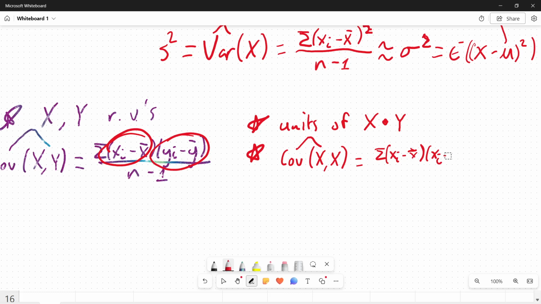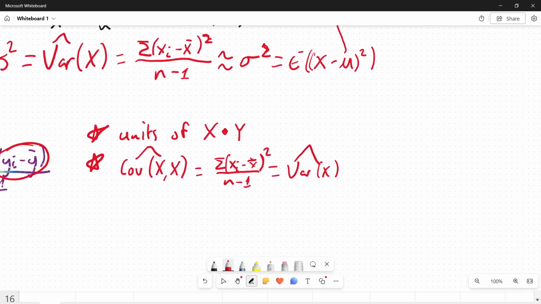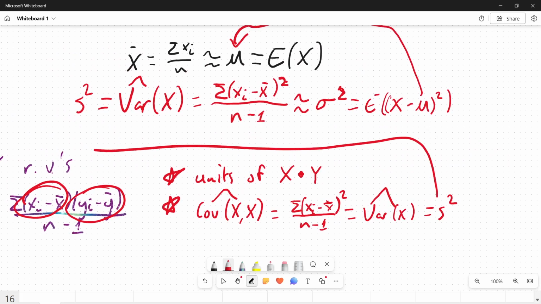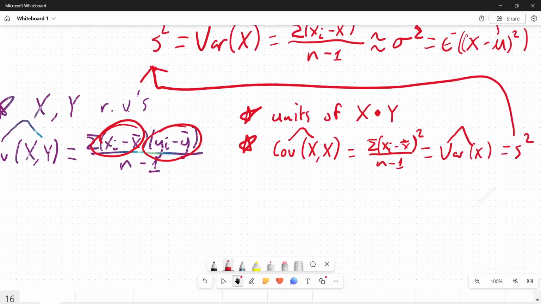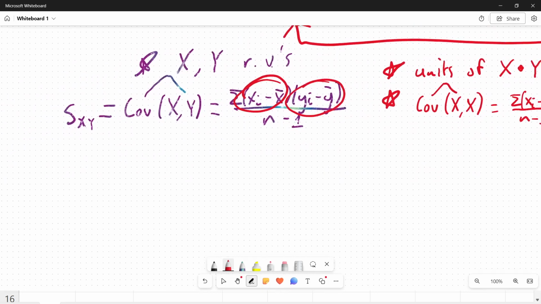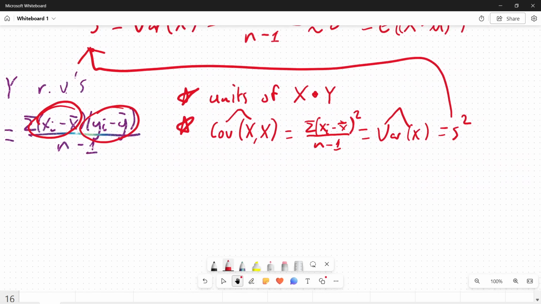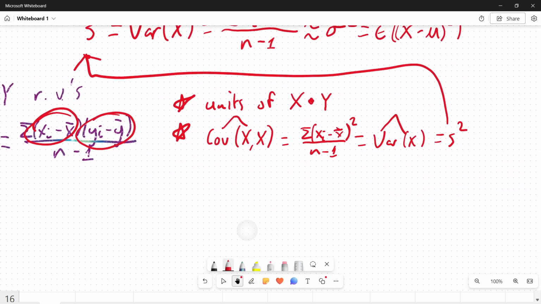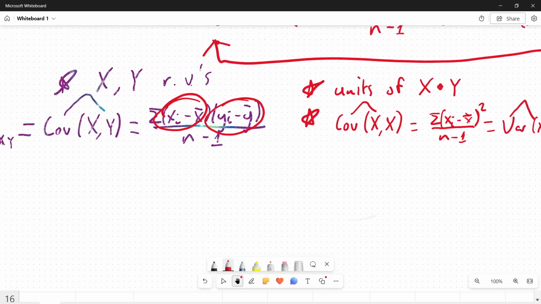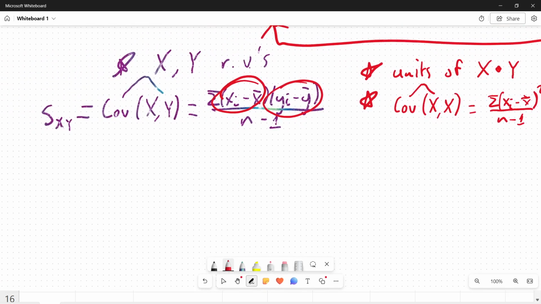Well then, I'm going to go ahead and simplify that and just call it squared divided by n minus 1, and you'll recognize that immediately as the variance of x estimator, which we call, of course, s squared. It was right here. Same guy. Okay, so I've got covariance. There is one special case of covariance where it's the covariance of x with itself, and that's just variance. Otherwise, it's going to tell me something about the relationship between two variables.